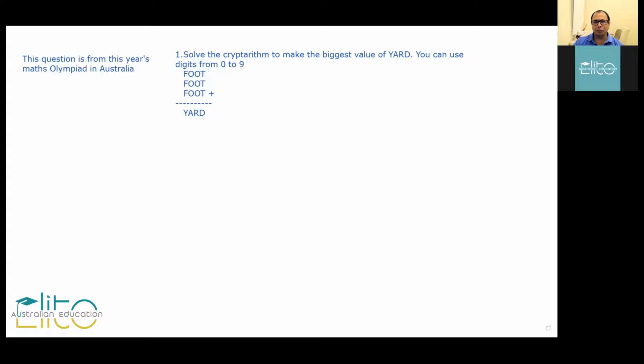A little bit different from what you are used to, but go. Try to add all the F's first, followed by the O's, and then the T's. It will help you achieve the answer a lot faster than going from right to left. Any ideas, anybody?